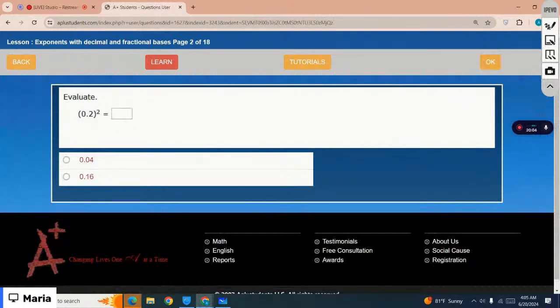So which is the correct option? You have to do 0.2 two times. So the correct option is option number 1, that is 0.04.